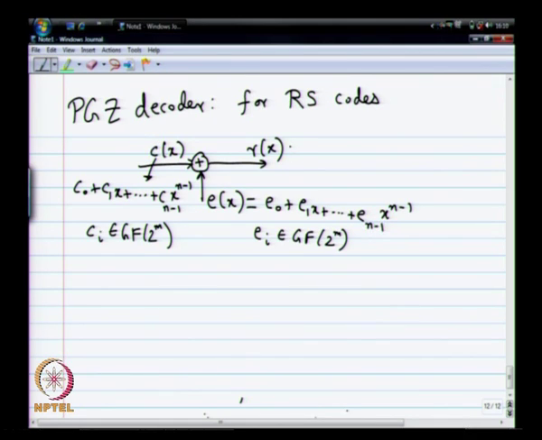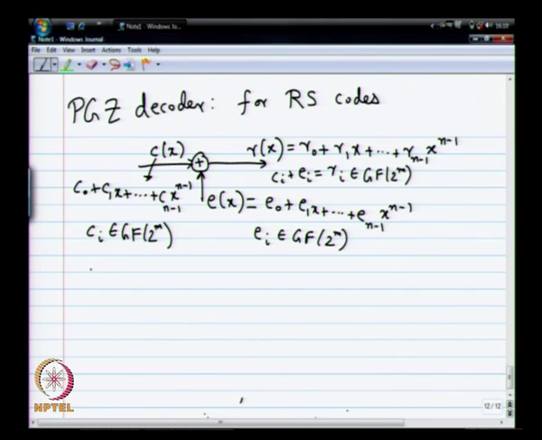Same thing for R of x, R0 plus R1x and so on, in fact Ri will be Ci plus Ei. So this is our general setup, and we want to find the syndrome corresponding to the received polynomial R of x.